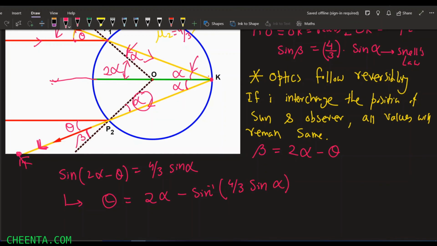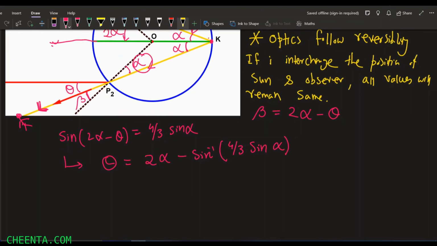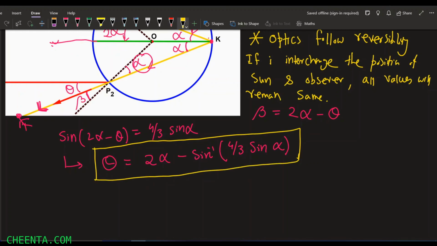I hope it is clear. So this is the equation which gives us the relation between our desired theta and alpha.